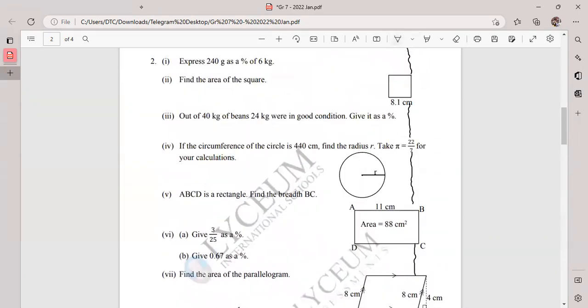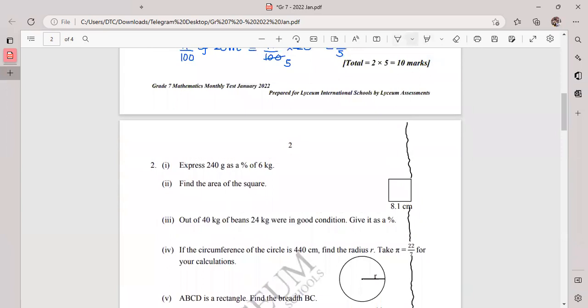Right. The first one, again, I'll move to blue color, 240 grams and 6 kilograms.